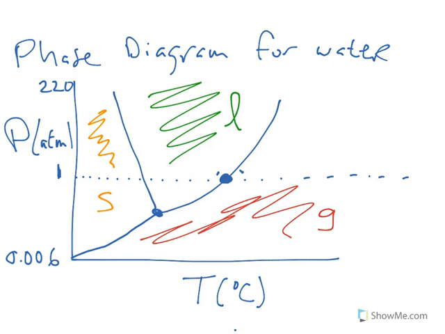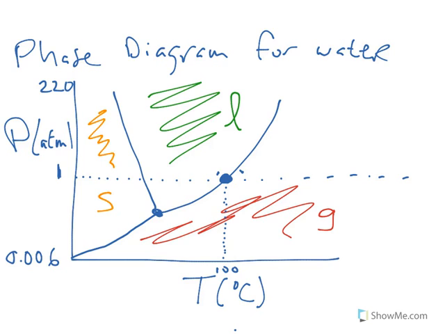Remember, where vapor pressure equals atmospheric pressure, that's where we're boiling. And we know that temperature to be 100 degrees C.